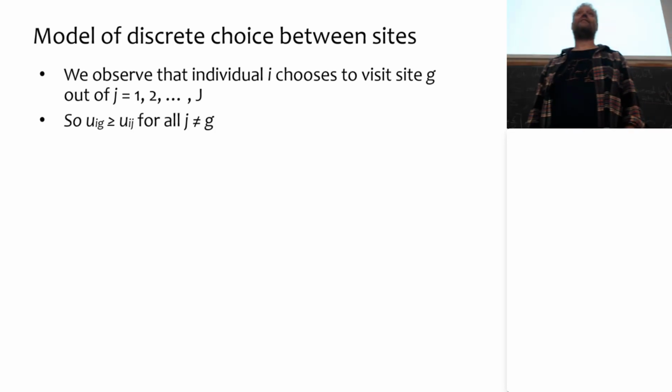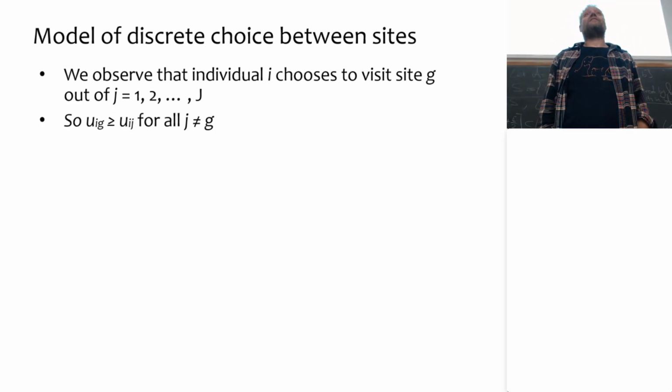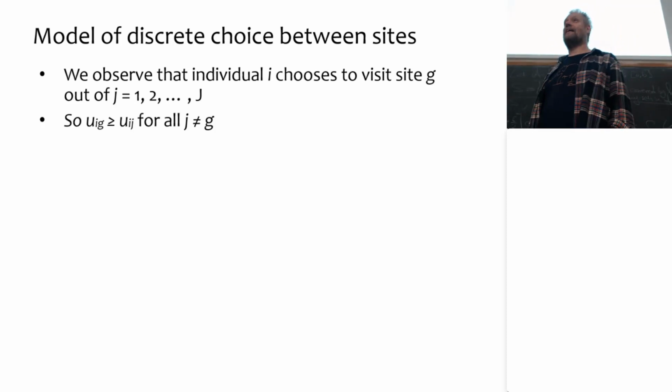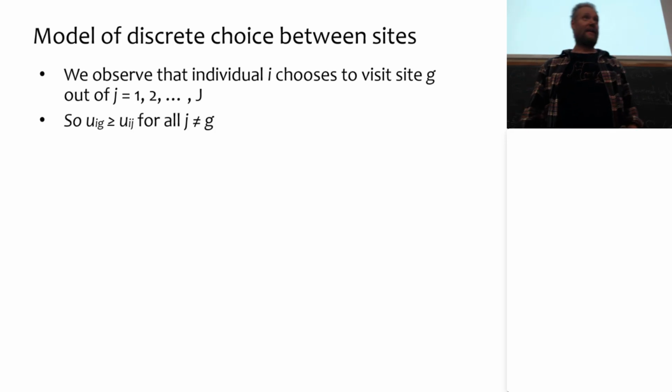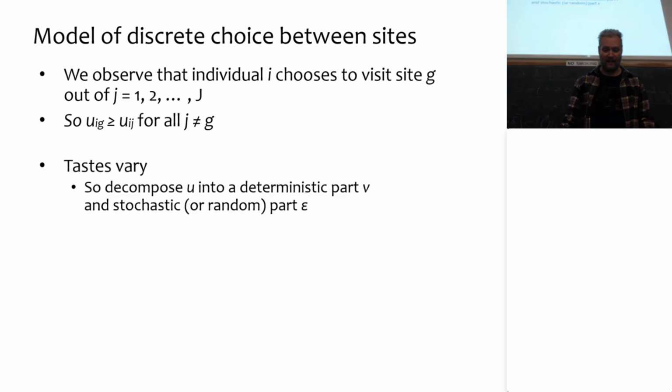What you can deduce from that is that they must have liked site G better than its substitutes, than its alternatives. And that implies that the utility this particular person derived from this is better than the other one.